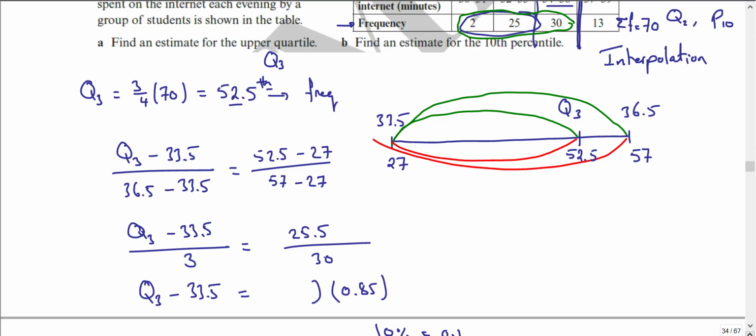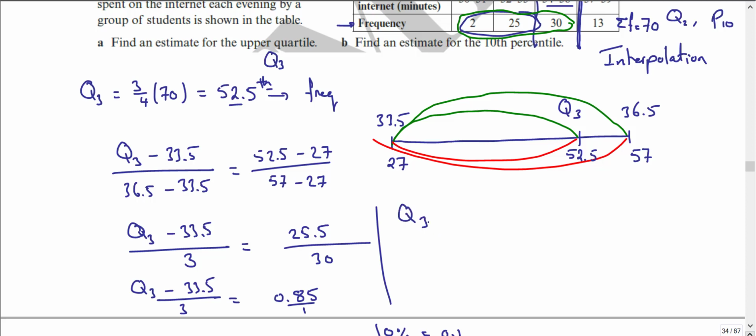So multiply by 3. Don't make a mistake now. Pay attention. So you have Q3 minus 33.5 divided by 3 equals 0.85. Think of it as divided by 1. So you multiply 3 by 0.85.